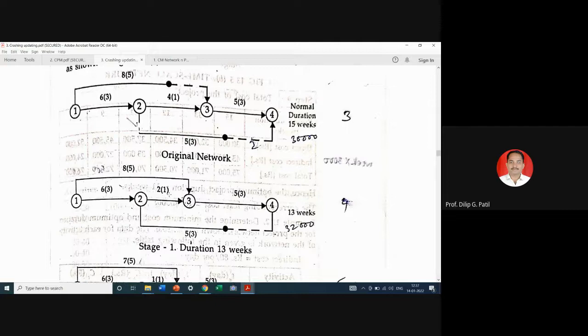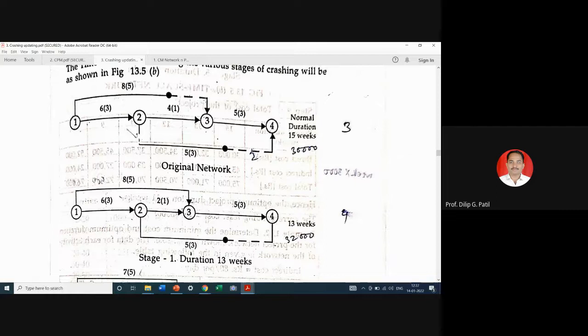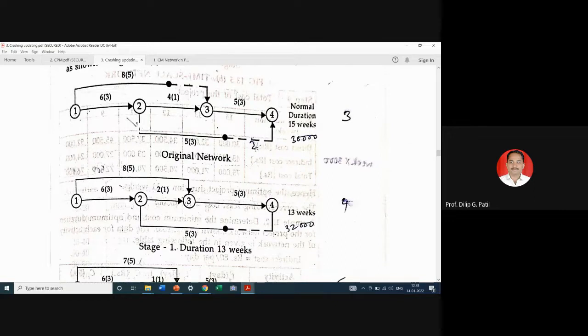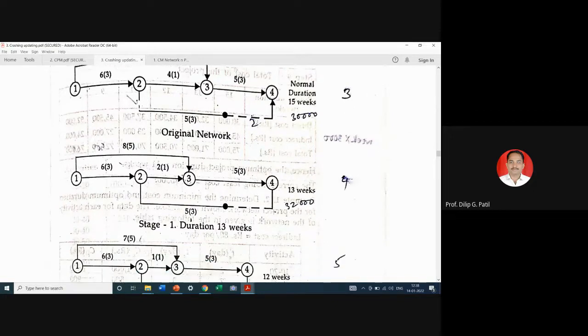Here we have to change this 4 to 2. बाकीचे सेम राहणार आहेत. इथं जे आपण 2चा स्लॅक किंवा एक्स्ट्रा टाइम फ्लोट टाकलेलं होतं, तो आता निघून गेलेला आहे. बरोबर आहे? त्यामुळे हा पाथ सुद्धा आता क्रिटिकल होणार आहे. त्याचबरोबर इथं जे 4चं दाखवलं होतं, ते आता 2चं होणार आहे. लक्षात आलं तुमच्या की 4च्या ऐवजी हा 2चा होणार आहे.